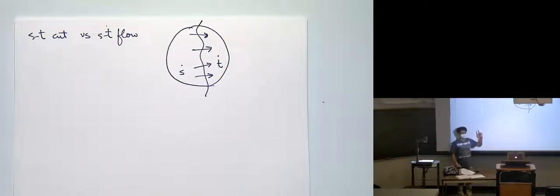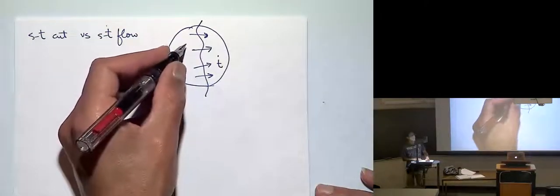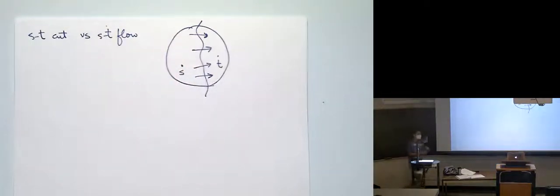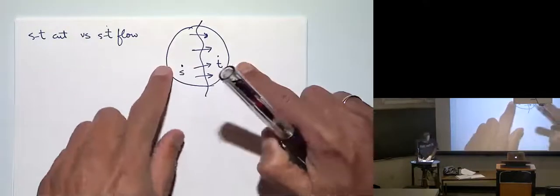No. Because if you think about it, any flow that goes from S to T, think of these as bridges in between. No matter how you go from S to T, you have to take one of these bridges. So the total capacity of these bridges is the total amount of flow that you can send. It's an upper bound, right?